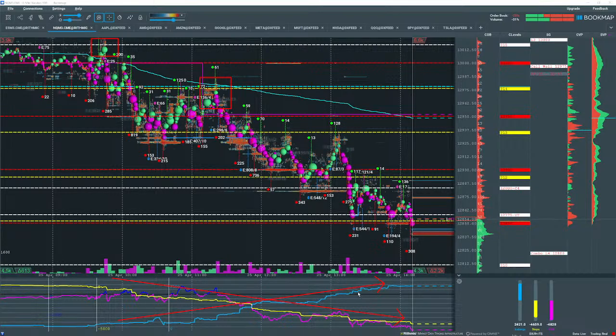That's showing that large traders are buying on the way down with their iceberg orders they use to hide their size. All right, so it looks like price may be heading down to the QQQ put wall at 310.